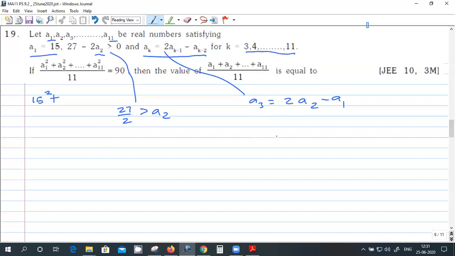The maximum value of A2 is this one. So A3 is less than 27 minus A1, so maybe you can get A4.